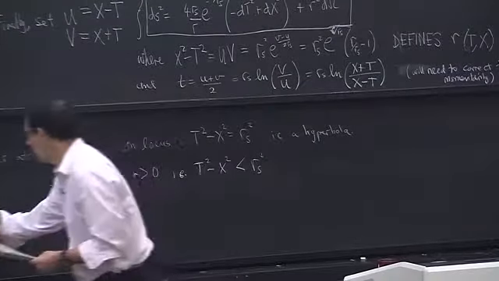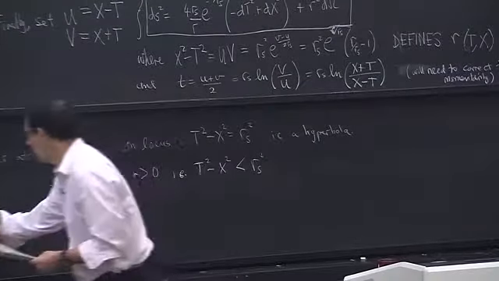T only makes sense for r less than rs if we define it via t equals, and then we put an absolute value in the log, log of x plus t over x minus t.